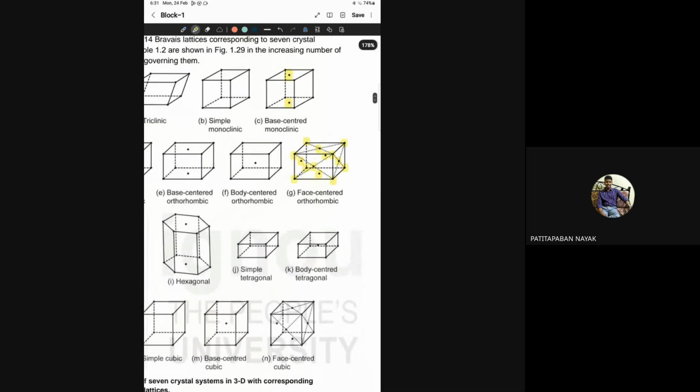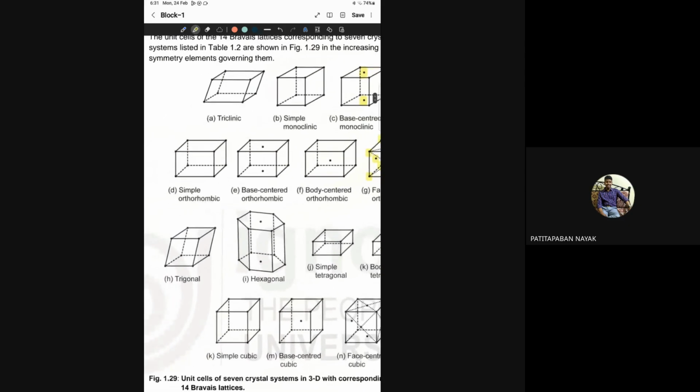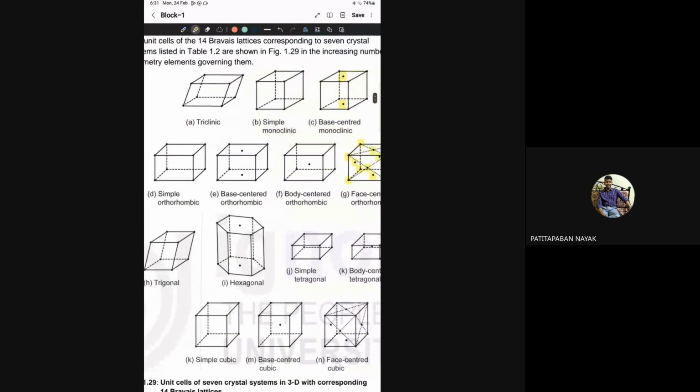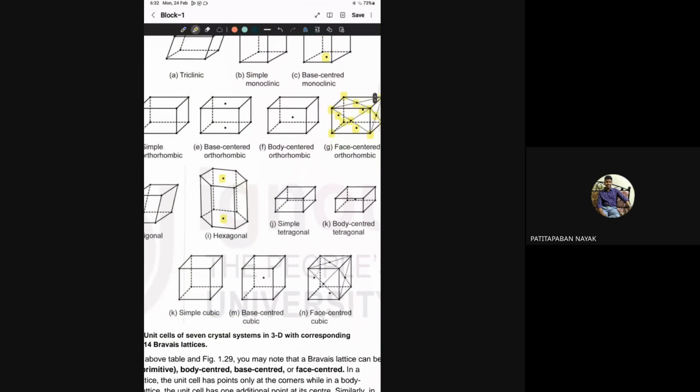Yes, sir. So similarly, hexagonal. You can see the base is a hexagon, and the atoms are at the corners as well as at the midpoint of the hexagon.